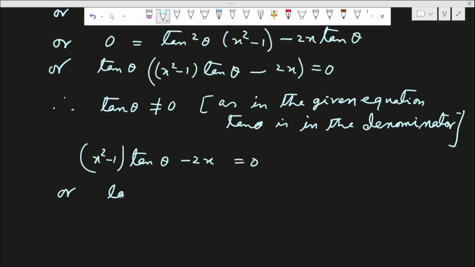Solving this, tan theta is equal to 2x by x square minus 1.